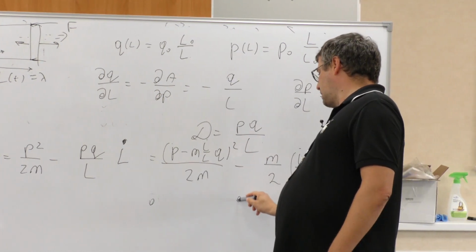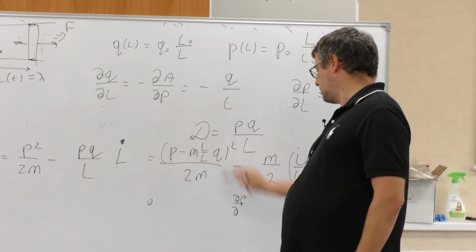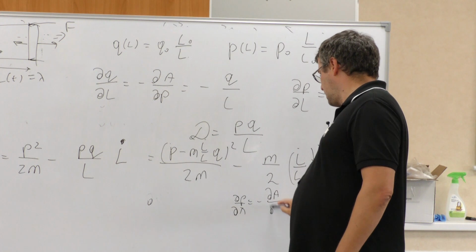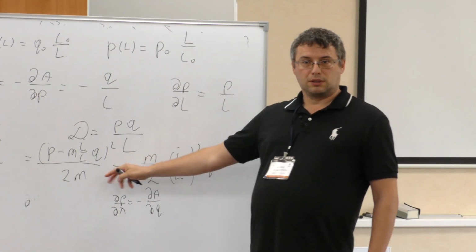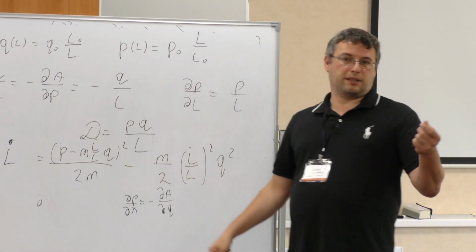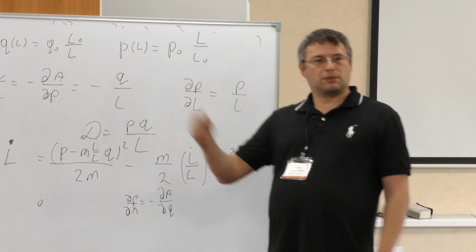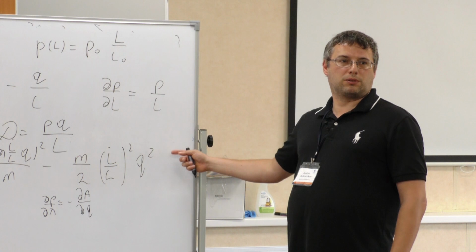But again, I use dp. I now call this lambda, dp d lambda should be equal to minus dA dq. And so we see that, like in electromagnetism, A essentially plays the role of this F. You remember, you shift the vector potential by the derivative of some function with respect to Q, and you add a derivative with respect to time here.